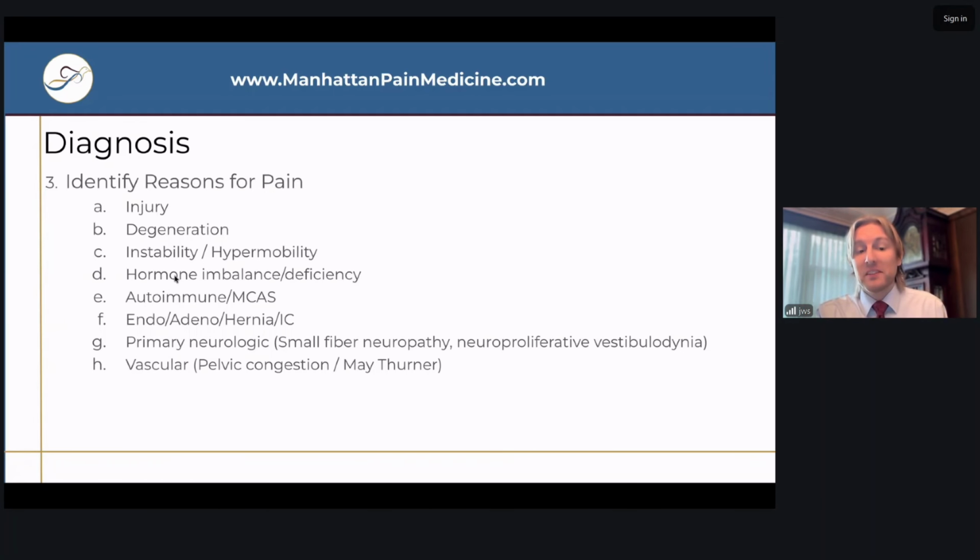With pelvic pain specifically, hormonal imbalances, hormonal deficiencies directly affect the tissue integrity within the pelvis. We'll see this with endometriosis, we'll see it with some birth control, we'll see it throughout the life cycle. And if that's something that needs to be addressed, that can make a tremendous difference by itself. Of course, autoimmune, mast cell activation syndrome, sorry.